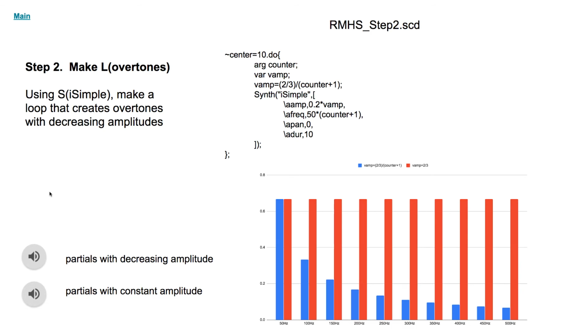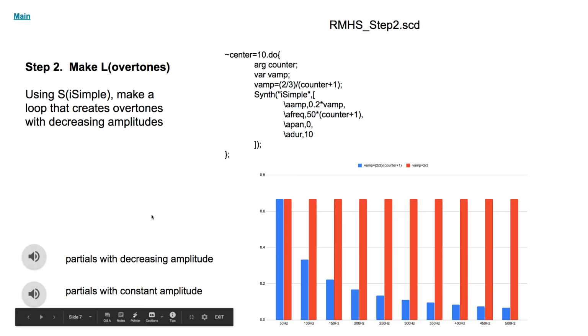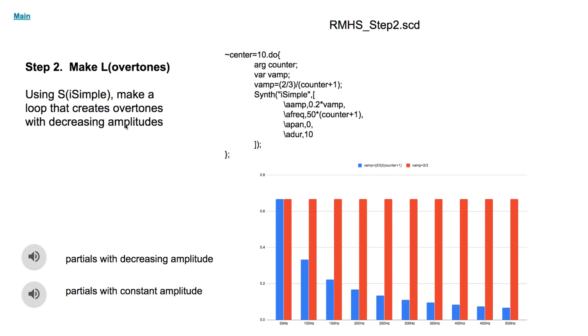It really depends on your taste, but for this piece, I like the decreasing amplitude in relation to the increase of the overtone number. So that's basically what this V amp equals 2/3 divided by counter plus 1 does.